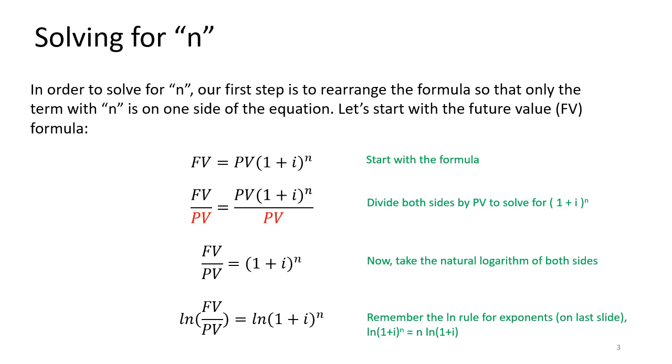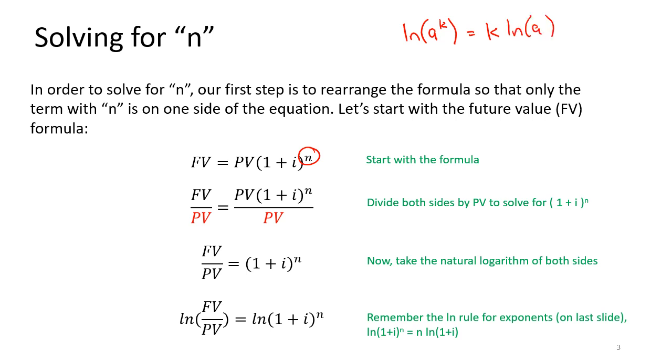So I'm going to start with the future value formula. The future value is equal to the present value times 1 plus the periodic interest rate, and that's to the exponent n. So you see, we're trying to solve for this exponent. So that ln rule said ln of something to the exponent k, we'll call it a to the exponent k, was equal to k, or in other words, that exponent times ln of a.